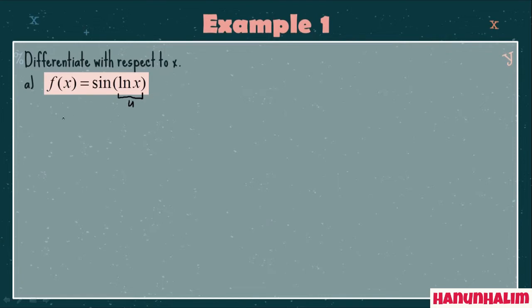When we want to differentiate, we have f prime x of sin u. How do we differentiate sin u? Sin differentiates to cos. So cos, copy the bracket u, and then multiply with d over dx of the bracket, so d/dx ln x.